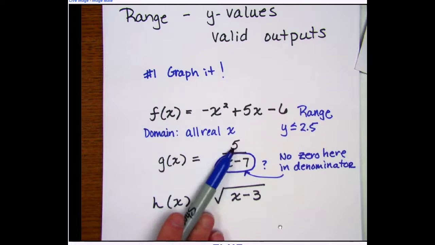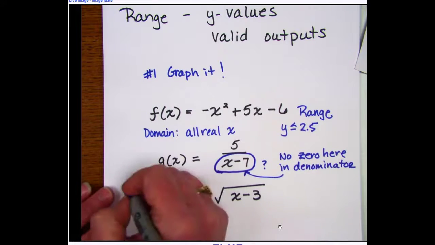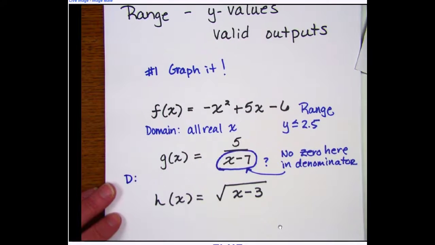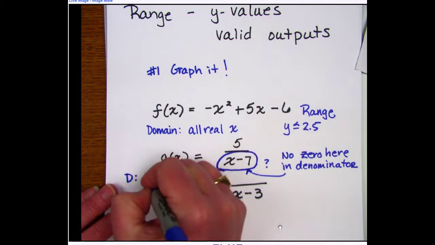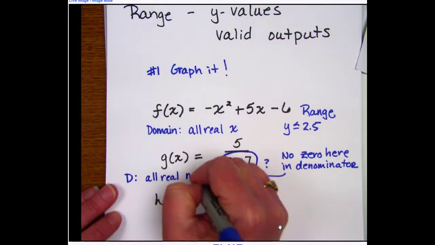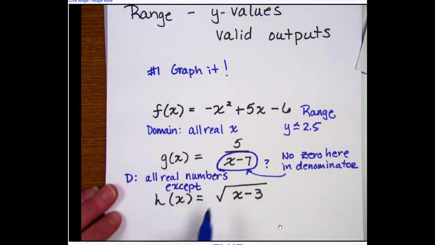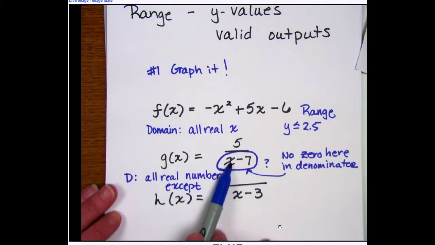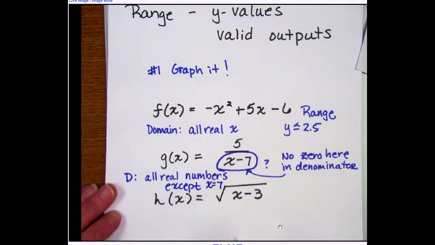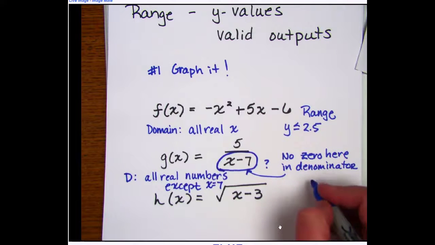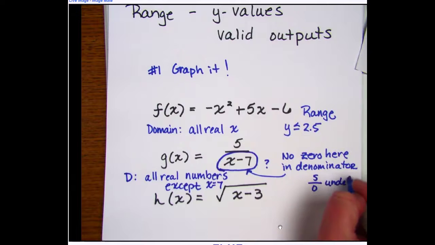So when we have a denominator in our function, and we're talking about the domain, and that's primarily what we're going to want to define for this, we want to start off by saying all real, but if we have our variable in the denominator, we're going to have an exception, and the exception becomes whatever value we can plug in here that gives us a 0. So in this case, it's going to be x equals 7. In other words, I cannot plug in 7 here, because if I do, I get 5 over 0, and that's undefined.